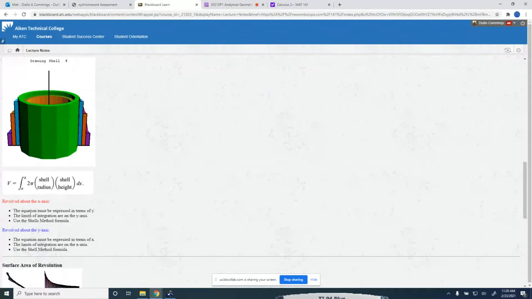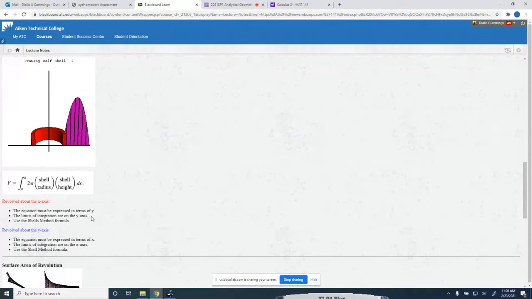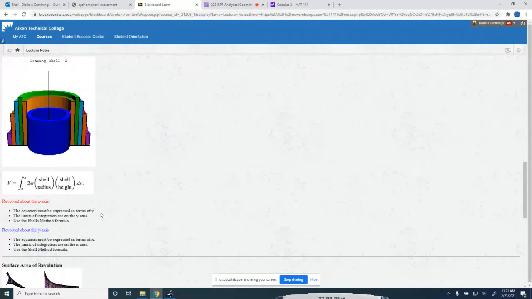If you're using the cylindrical shell method and you're revolving about the x-axis, the equation must be expressed in terms of y. So notice that it all depends upon which axis you're rotating your solid of revolution around, and it also depends upon which method you're using.